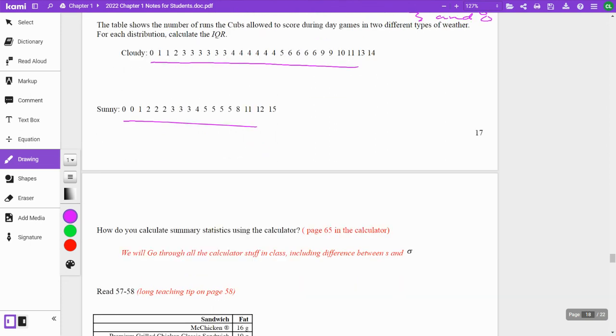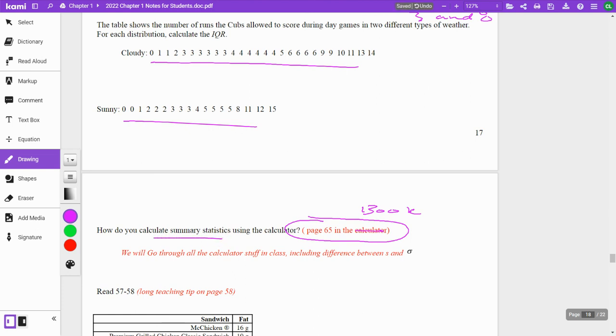So if you want to do it on the calculator right now, guys, go to page 65. It's not page 65 in the calculator. Holy smokes, page 65 in the book. It tells you how to do it with the calculator. You'll do this with the calculator, and it's awesome. It literally spits everything out for you. You can do it.